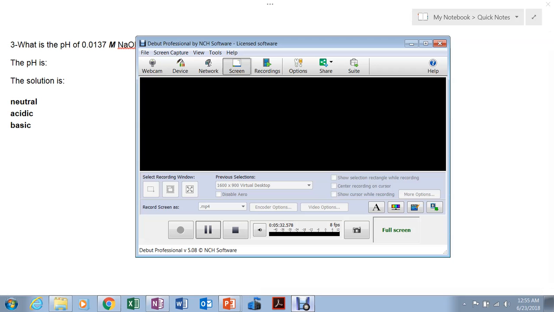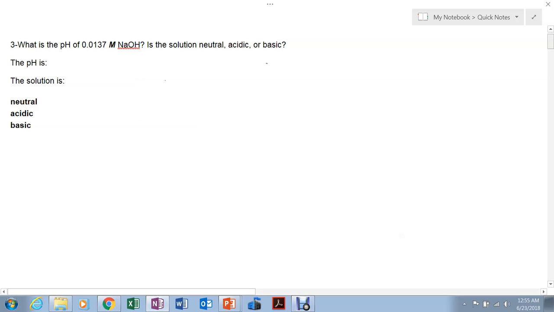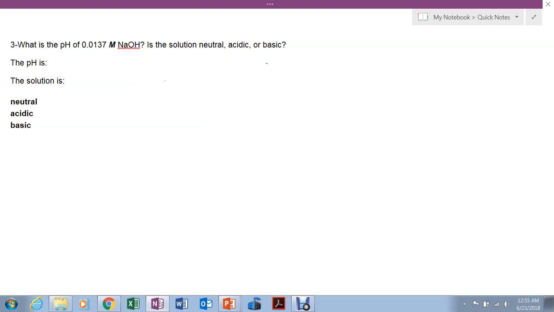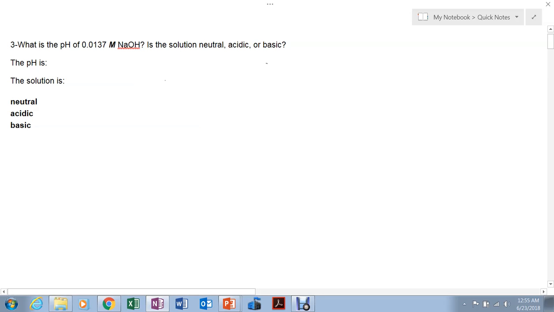Okay, let's continue with problem 3. Remember, the quantities, the numbers here are different, but the problem is the same. So we got here, what is the pH of a solution of 0.0137 molar NaOH?